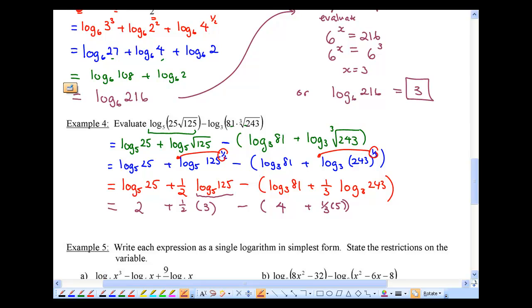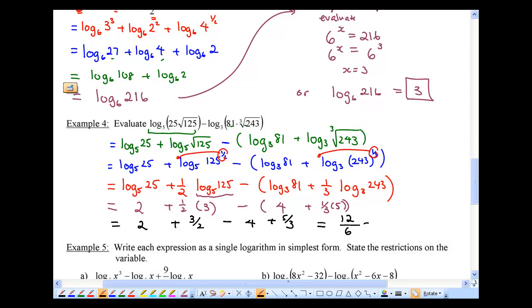Okay? Let's continue to try to simplify here. That's just 2 plus 3 over 2, minus 4 plus 5 over 3. Let's go ahead and now evaluate this. I'm going to make this all over 6, a common denominator.